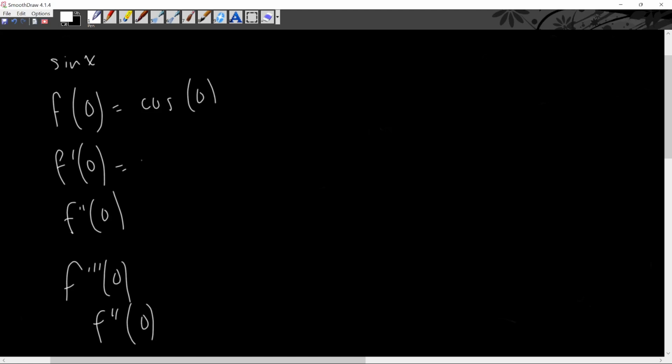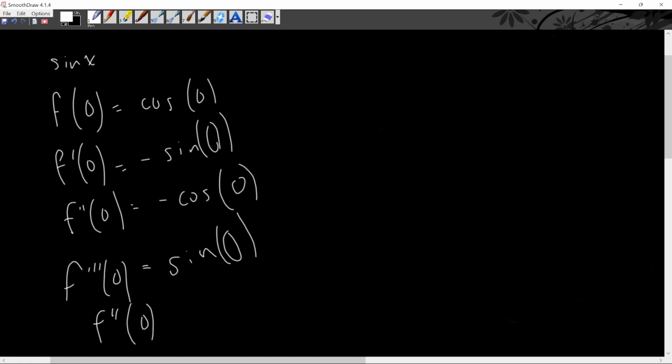And then this is negative sine 0. I know I'm not really going over these derivatives, but we've done quite a few derivatives in our day. I think we know how these go at this point. And then you cycle back to sine 0, and then you go all the way back to cosine 0 after 4 iterations.